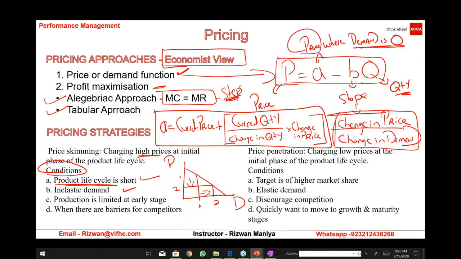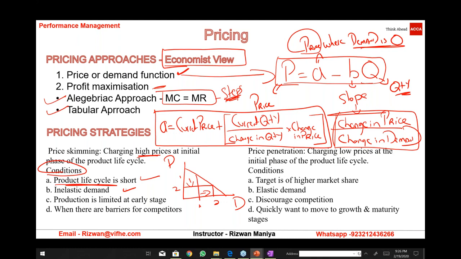Inelastic demand means that a change in price will not have an effect on demand. So if you charge a higher price, it will not have an effect on the demand. So when the product has an inelastic demand, skimming should be used because charging a higher price will not have an impact on the demand, not in that big way.